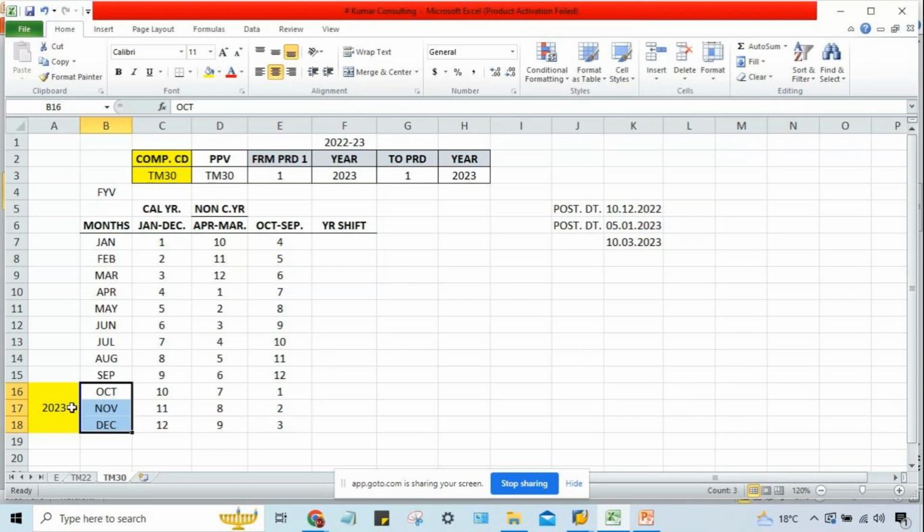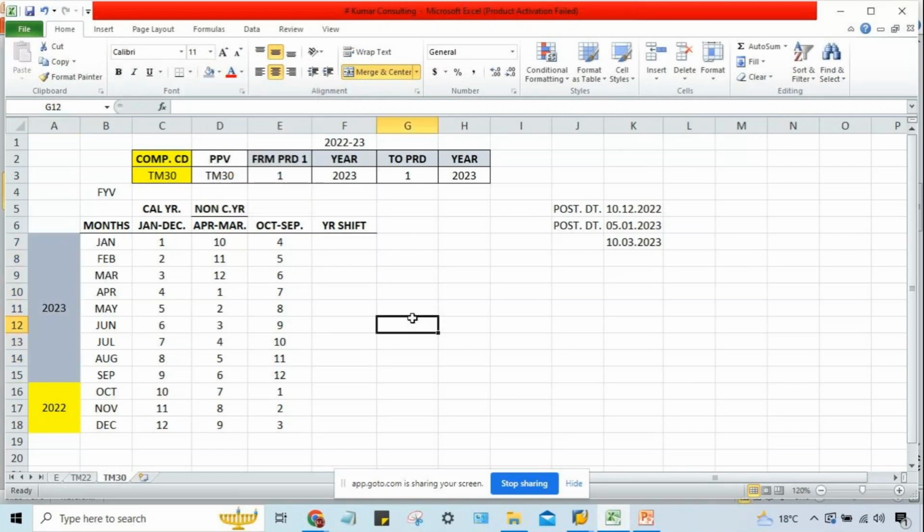But generally, what is happening, guys? Calendar year means we are in 2022. So from this October onwards we have entered 2023, but actually the calendar year is 2022 itself, and the remaining period is going to be calendar year 2023.